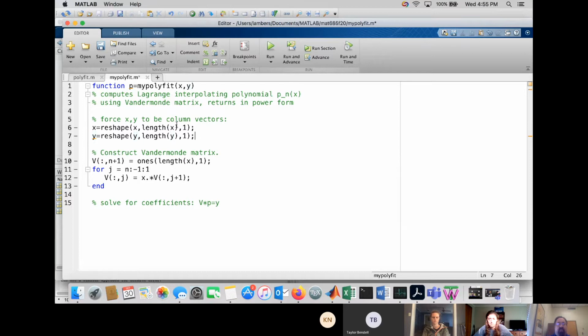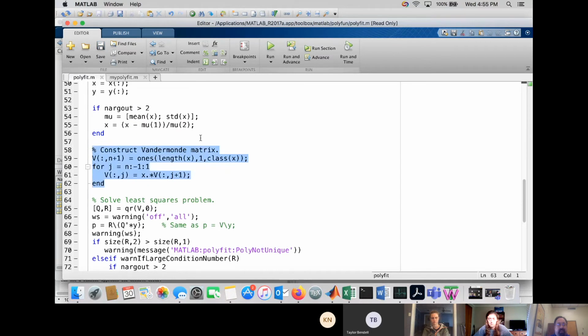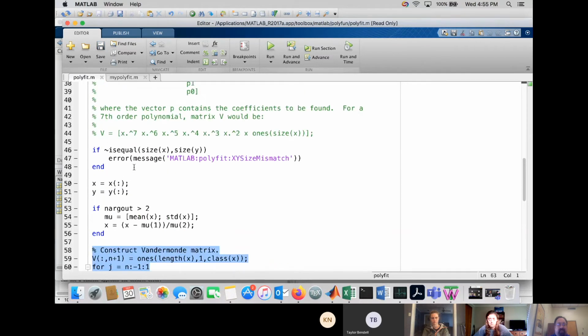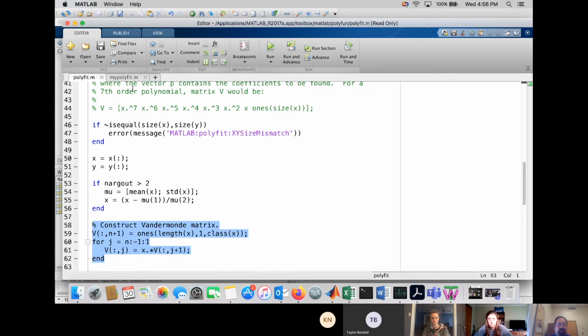Okay, so from now on, I can assume that it's a column vector. Why is that important? I need this to be a column vector to carry out the appropriate multiplication. Actually, if I look back at polyfit, I think this also forces it to be a column vector. So that accomplishes the same thing.